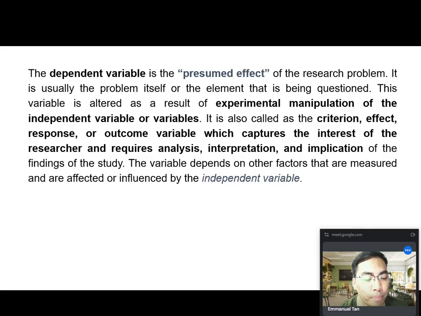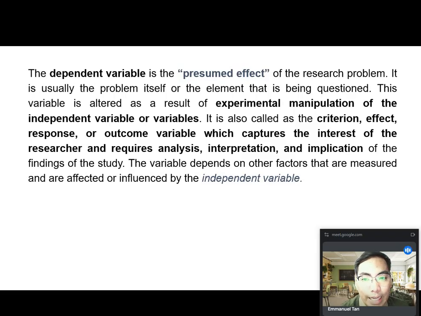That after conducting the survey and analyzing the gathered data, what these findings try to imply. Okay. Now the variable depends on other factors that are measured and are affected or influenced by the independent variable.